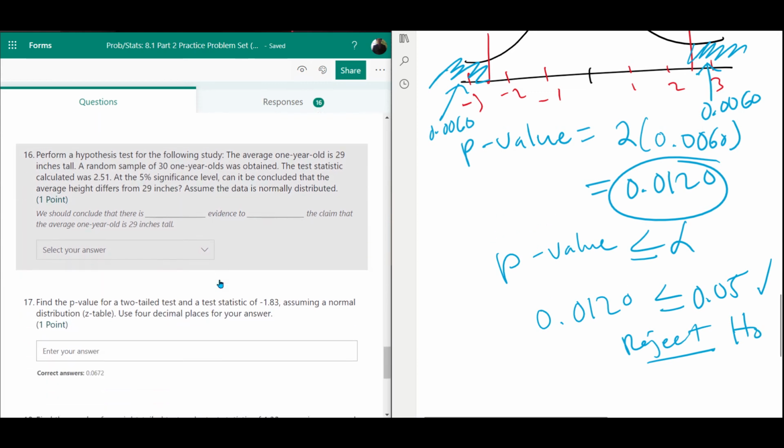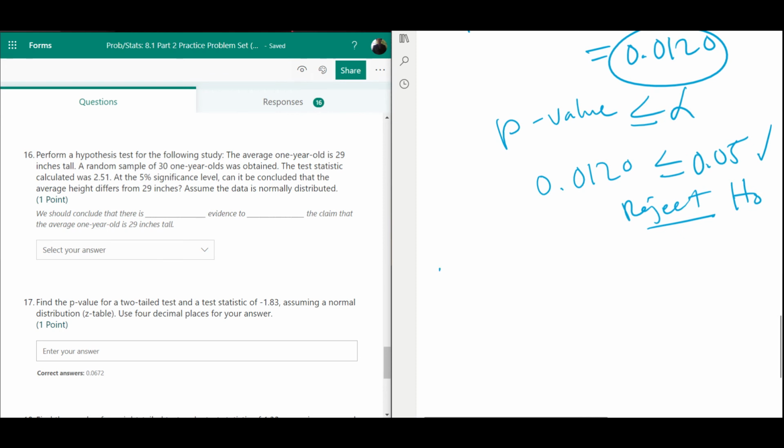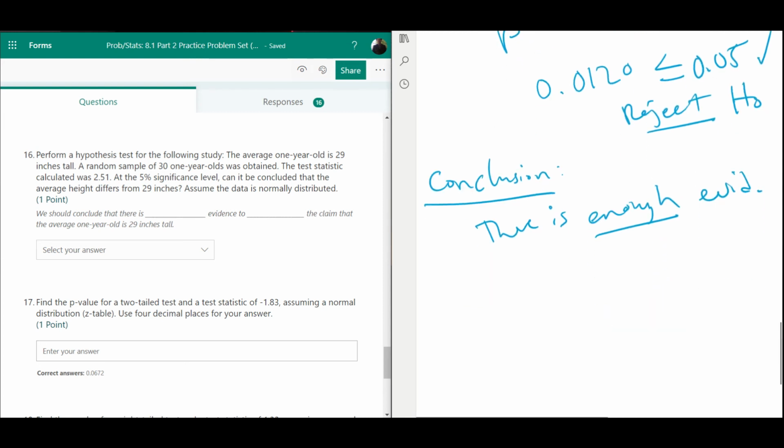All right. So then what's our conclusion? So our conclusion is that since we're rejecting, that means we have enough evidence, and then we're going to say reject.